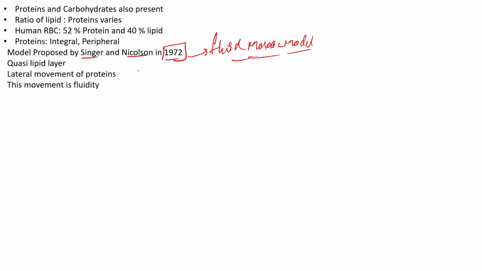There are many models that have tried to explain the structure of the cell membrane or plasma membrane, but the most well accepted and stable theory in cell biology that explains the plasma membrane structure is the fluid mosaic model, proposed by Singer and Nicholson and published in 1972. So now, according to this model, the membrane is fluid-like.